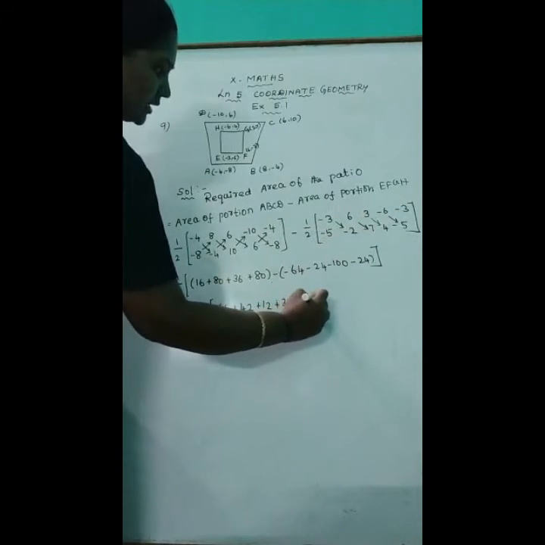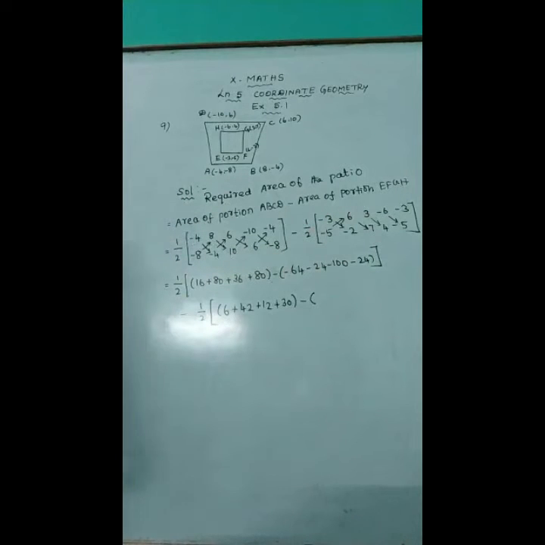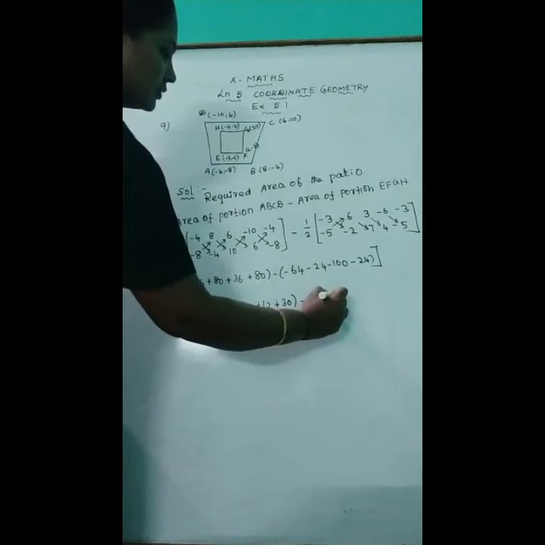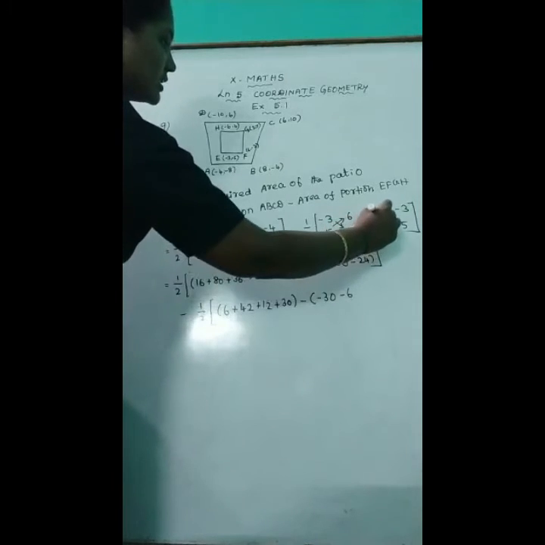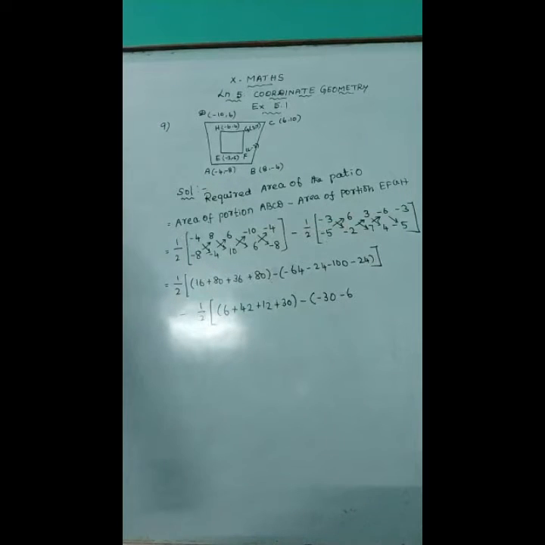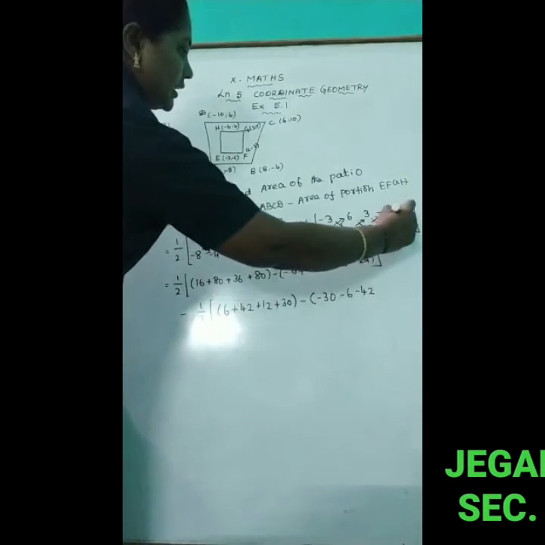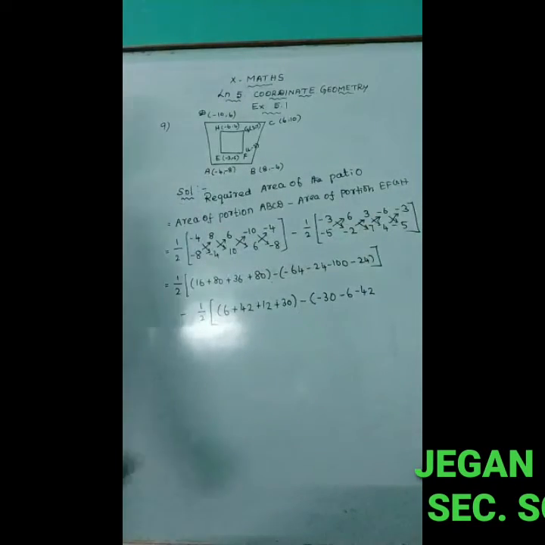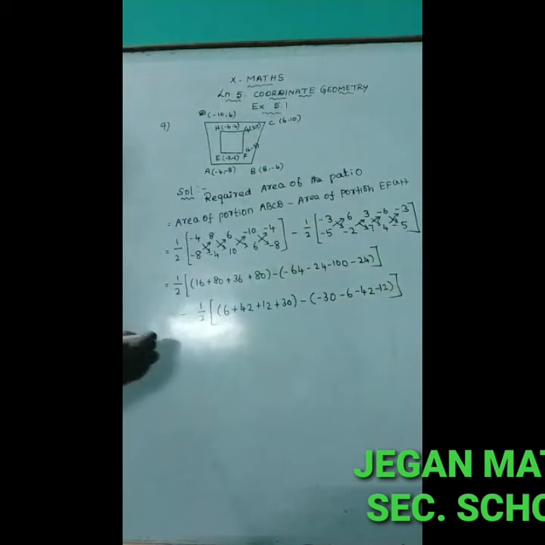Next, the upward arrow products: 6 5s are -30, 2 3s are -6, 7 6s are 42 since minus into minus is plus, then 3 4s are -12. So this is the next portion.